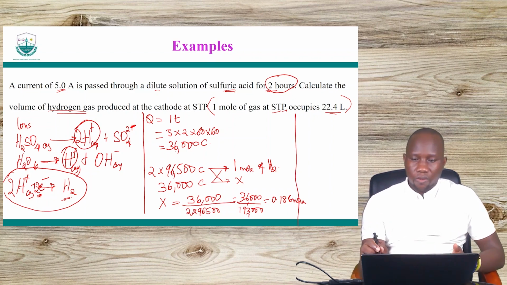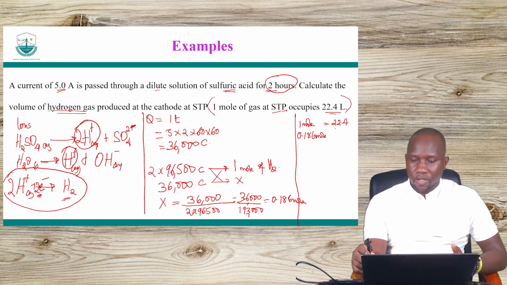That's moles. So remember, 1 mole occupies 22.4 liters. So what about 0.186 moles? What will it give you? So that x is equal to 22.4 times 0.186.